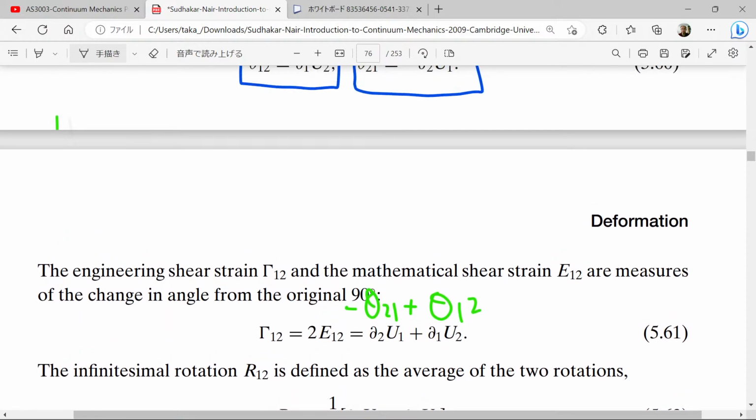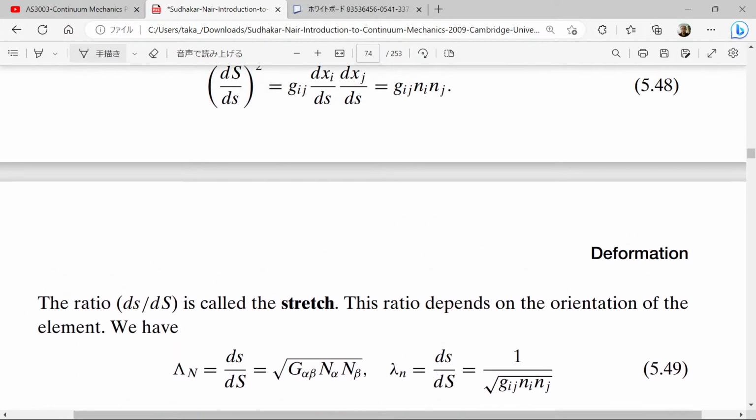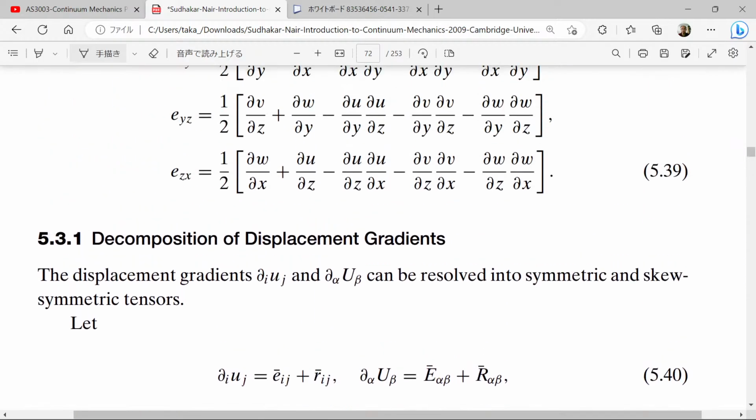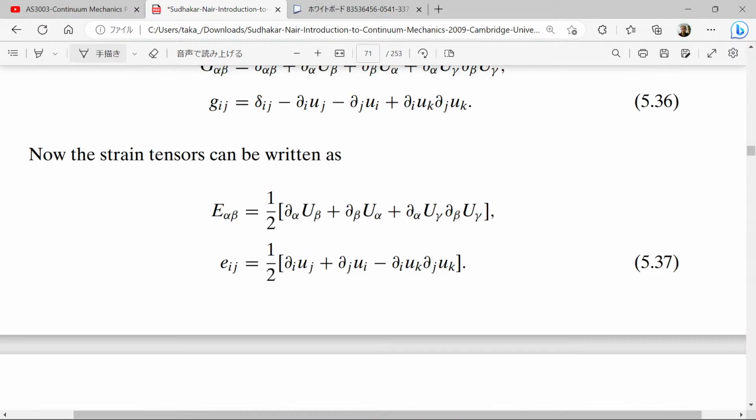Engineering and mathematical shear strain. So where is the mathematical shear strain? I think you had it somewhere above. This is the mathematical shear strain.